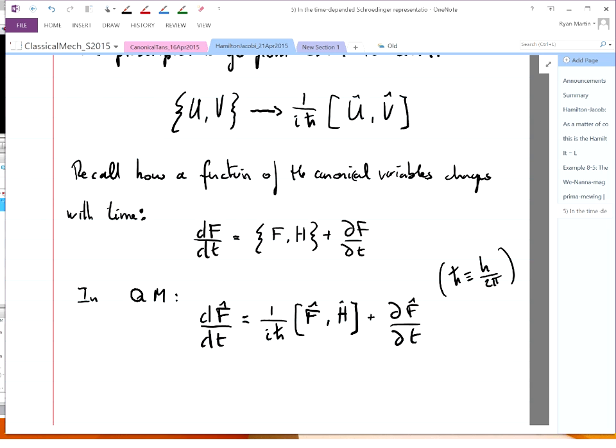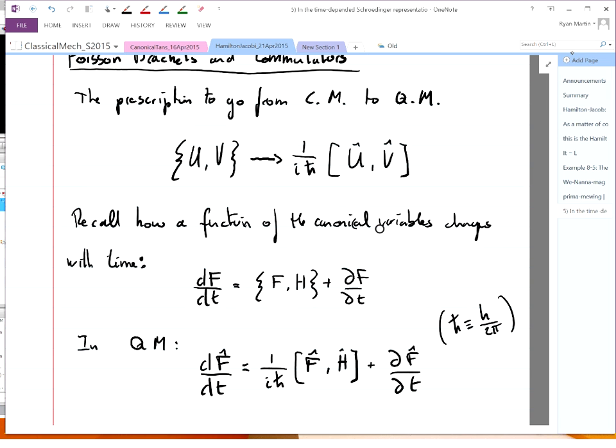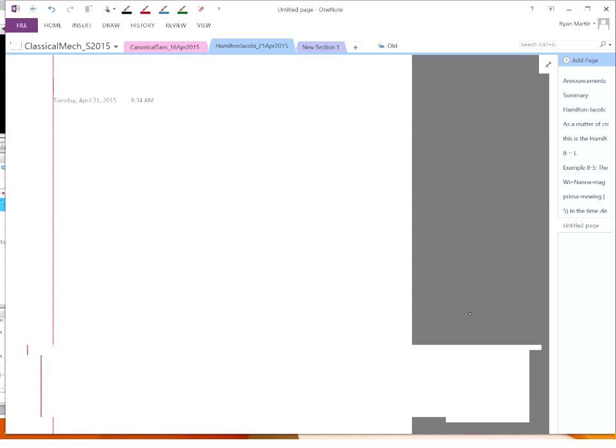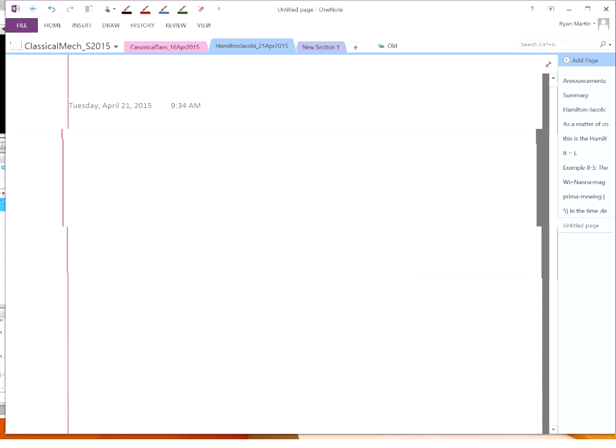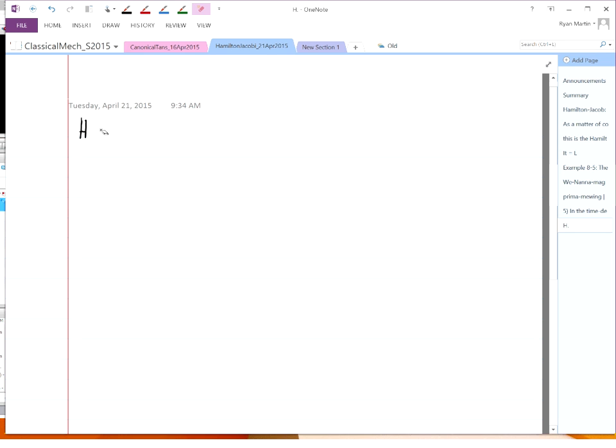So that's one. Now I'm going to do a little bit more, not as obvious. That was Poisson brackets and commutators. There's actually a deep connection between the Hamilton-Jacobi equation and the Schrödinger equation.